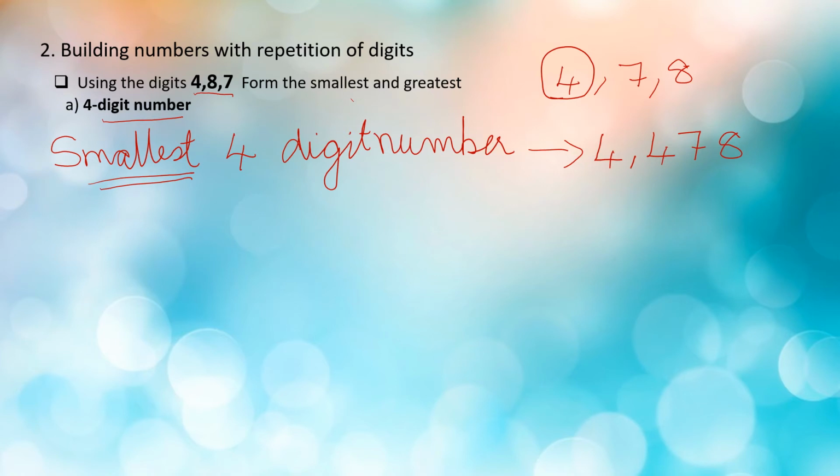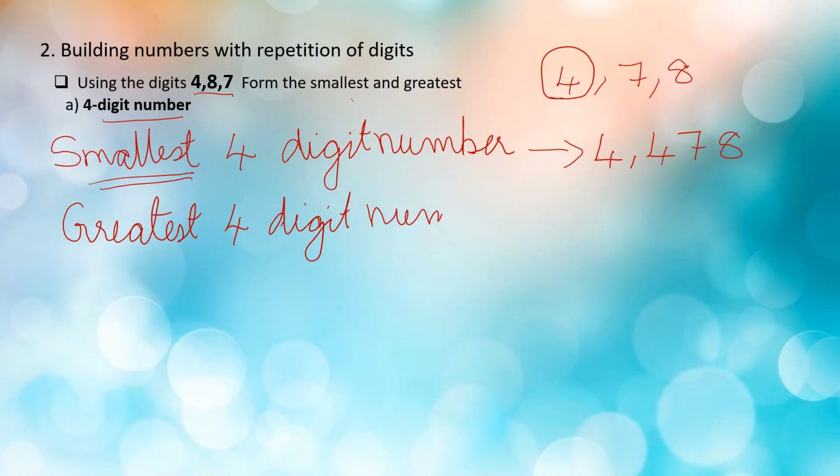Okay, so in order to find the greatest 4-digit number, what will you do? Can all of you try? Yes, as we did, you have to arrange these digits in the decreasing order. And in this case, what are you supposed to do?